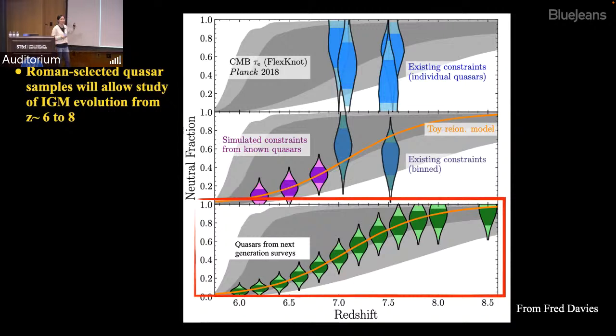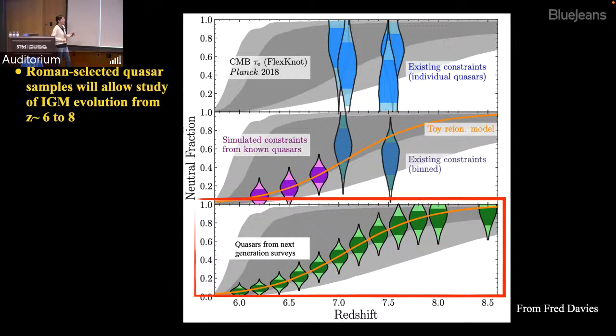Then we can study the IGM evolution during the reionization epoch directly. Here is the simulation. The constraint here is based on the individual quasars at redshift above 7. We can see the large error bars and only a few points here. And here is the simulation for all existing quasars. We can get better constraints, but still only up to redshift around 7 or 7.5, with a large error bar.